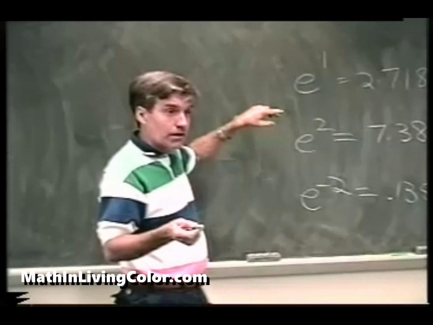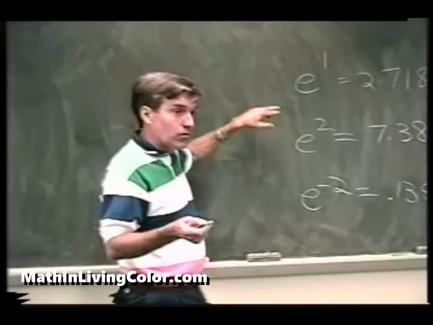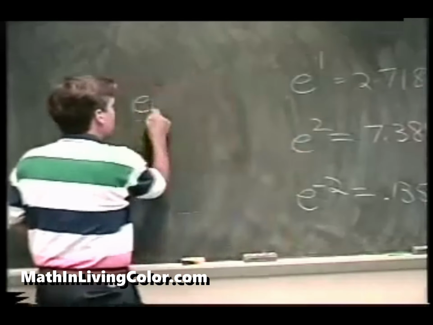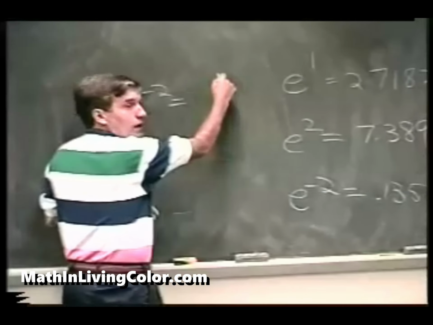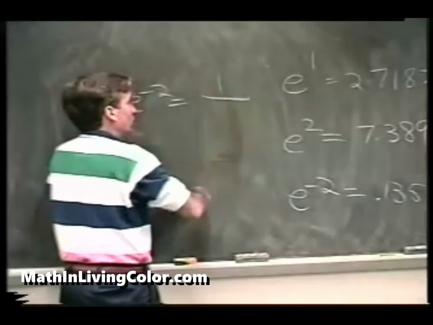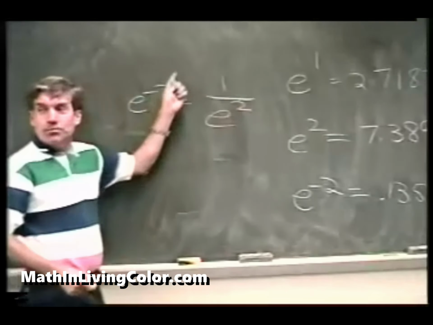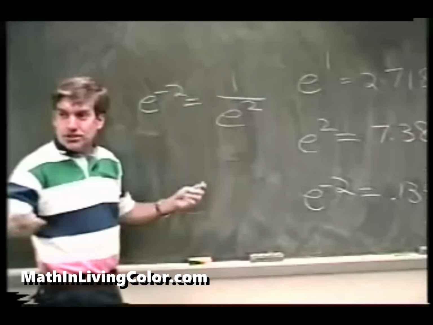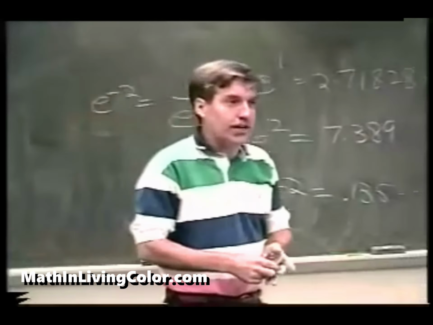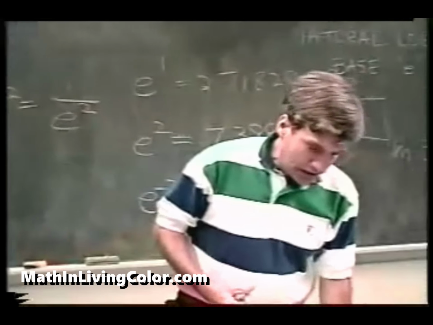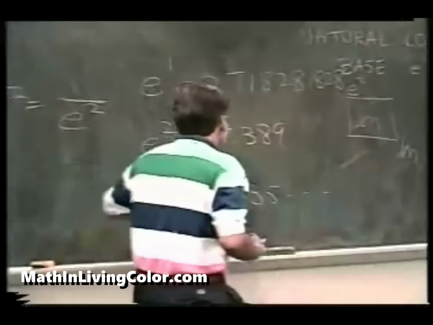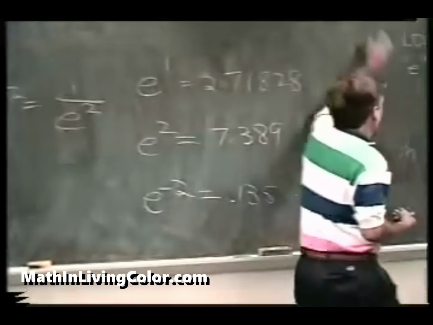Why is it 1 over e squared? Because e to the negative 2 means 1 over e to the second. See, so you learn to use a few extra buttons on your calculator. That's helpful. All right, let me summarize it this way, and then we'll take a break.